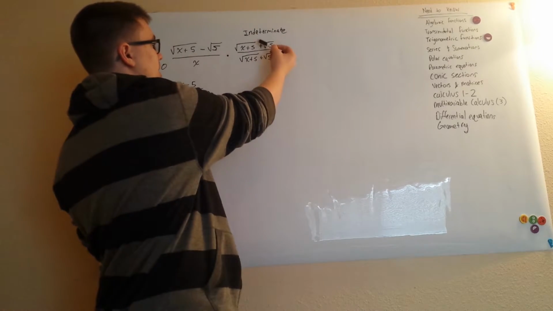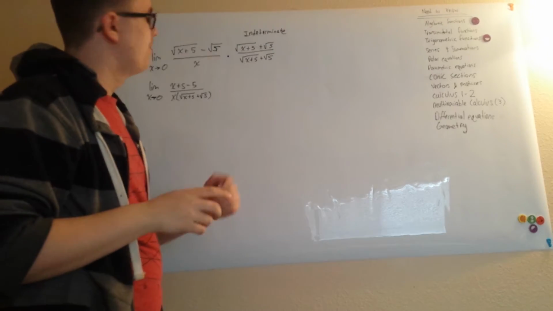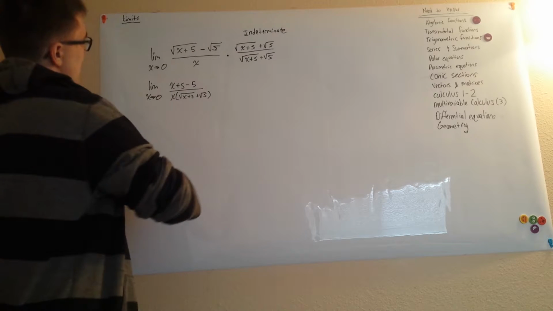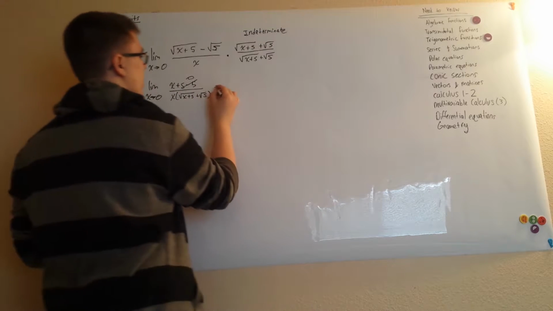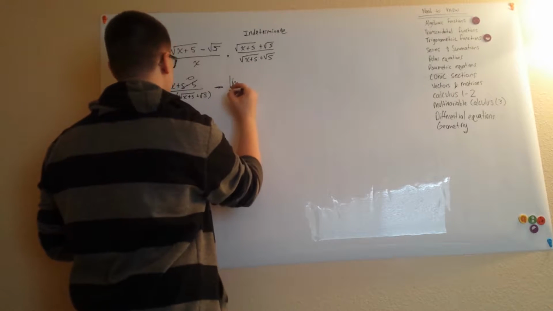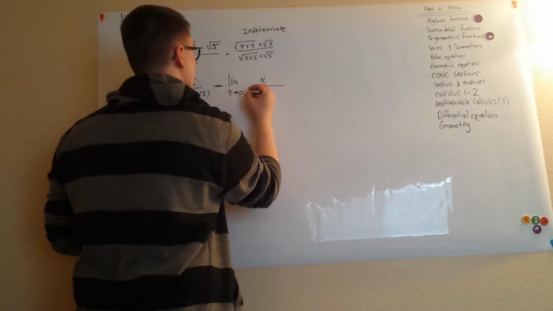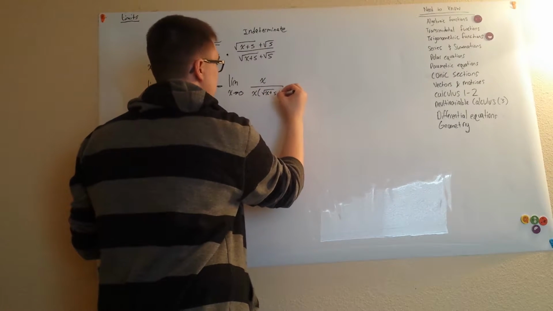Now notice we're multiplying by 1 because it's the same thing over the same thing. So it doesn't do anything, but it's just an algebraic trick. Wait a second. This is a 0. We still write limit because we're not plugging any other values in. We get x over x times the square root of x plus 5 plus the square root of 5.